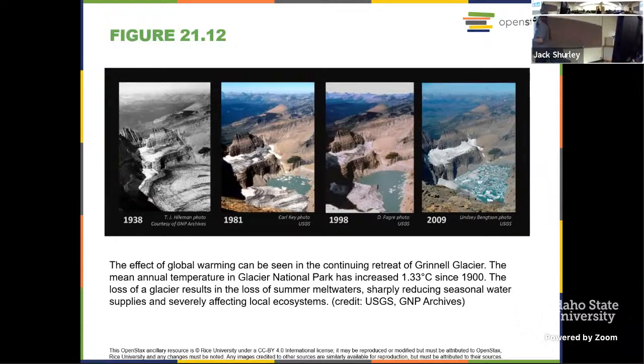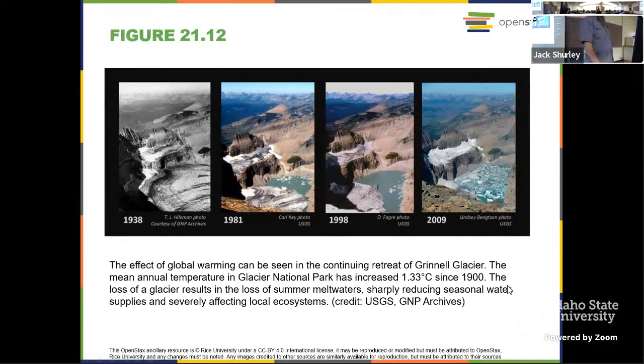This image is something that, you can see all sorts of images that try to show the impact of climate change over the course of decades, potentially. And this really kind of puts some stuff into perspective as we look at this sort of time-lapse photography from going back to 1938.